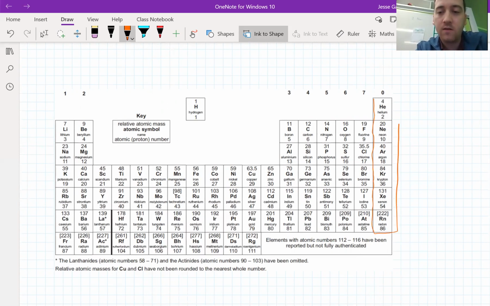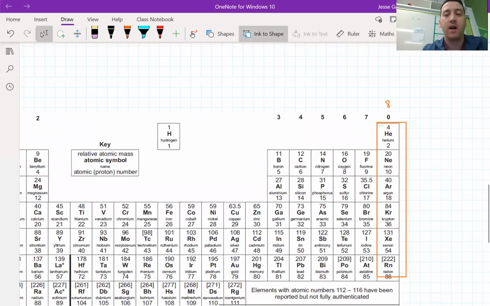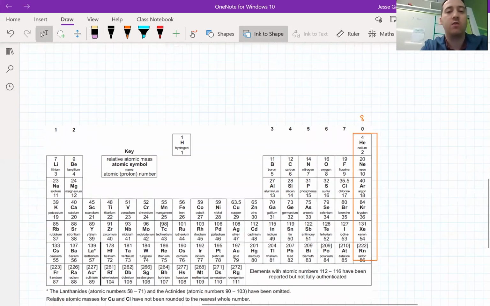So I'm highlighting a group on the periodic table. Now, this here is group 0, is what it says, but I like to call it group 8. Scientists sometimes don't agree on this. Some scientists like to call it group 8. Some people call it group 0. You'll see why I want to call it group 8 in a minute, I hope. But this group are really important. I'm going to show you why.